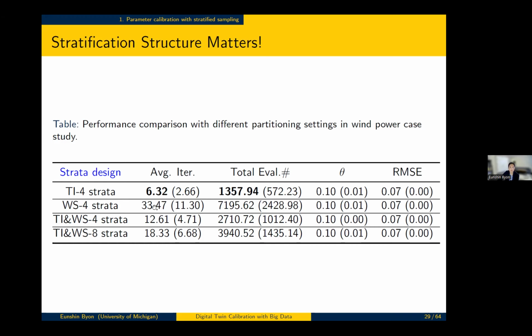Compared to 33, I only need 6 iterations until convergence, and compared to 7,000 evaluations, which means when I use wind speed, I have to run the simulation 7,000 times. But when I use turbulence intensity, I only need to run the simulation 1,000 times.